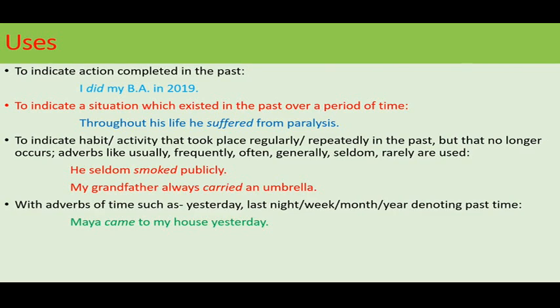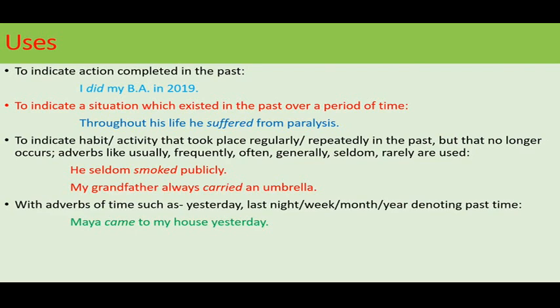Second use is to indicate a situation which existed in the past over a period of time. For example, throughout his life, he suffered from paralysis. The word suffered is the second form of the verb. Second example is he lived in Paris during his last years.